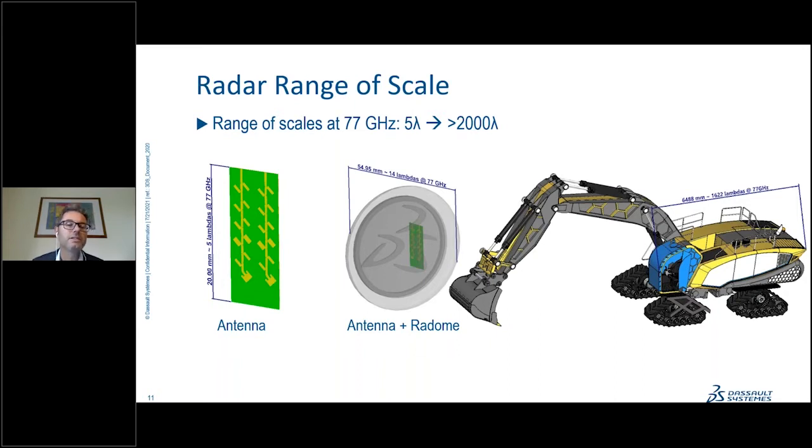Lambda is a wavelength. So what I do, I use the speed of light to calculate basically the equivalent lambda from the frequency of my radar. And I realized that my structure will be pretty big in terms of wavelengths, 2000 lambda. So I will not be able to simulate it with a simple method.